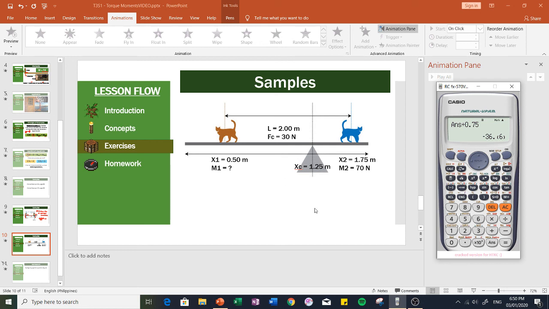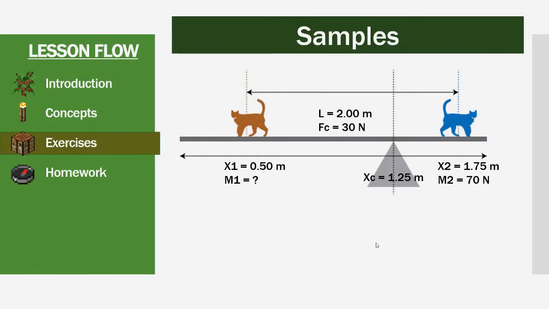So the final answer for this problem is that force 1 is 36.6 newtons. So this cat over here is 36.6 newtons, the seesaw has a 30 newton force at the very center, and cat number 2 is 70 newtons.